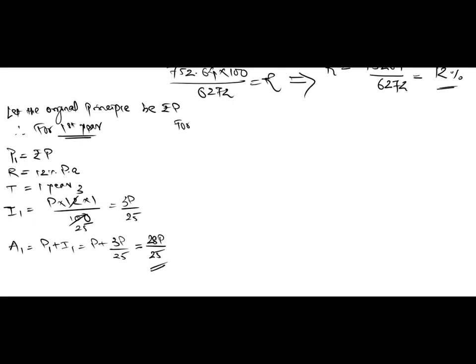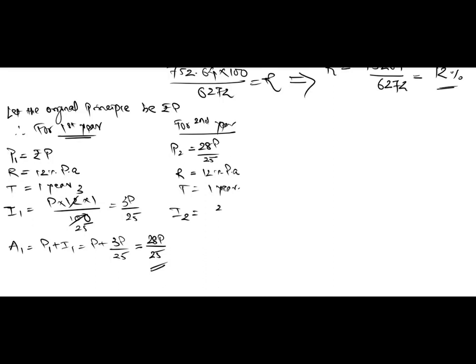For the second year, P2 is equal to A1, so 28P upon 25. R will be 12% per annum. Time will be 1 year. What will be I2?